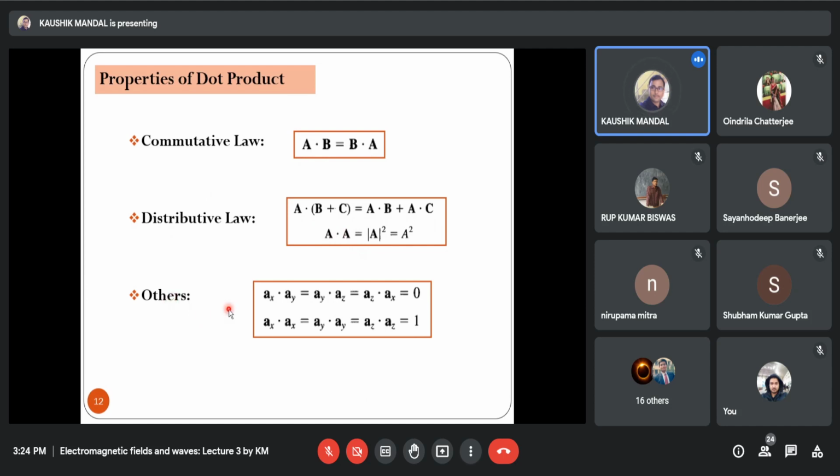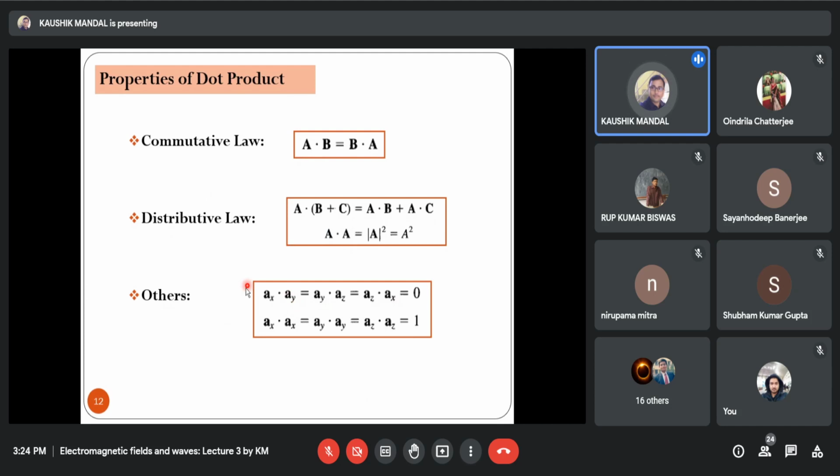Now other laws: ax dot ay, ay dot az, az dot ax. What are ax, ay, az? These are the unit vectors along the corresponding axes, and we have considered an orthogonal coordinate system where x, y and z are perpendicular to each other.